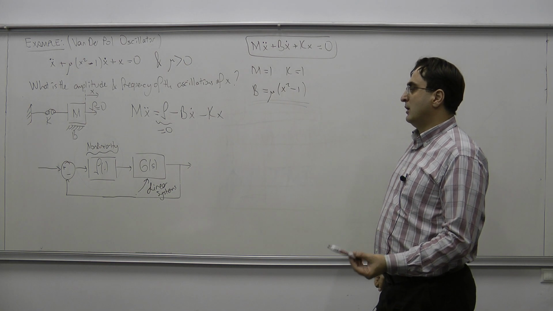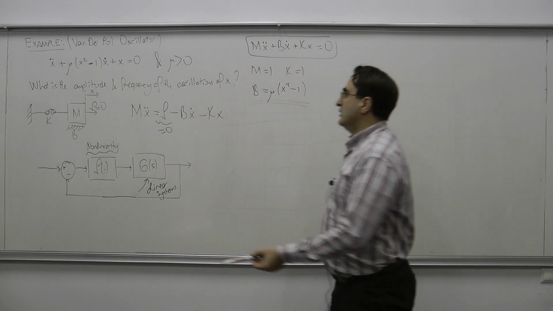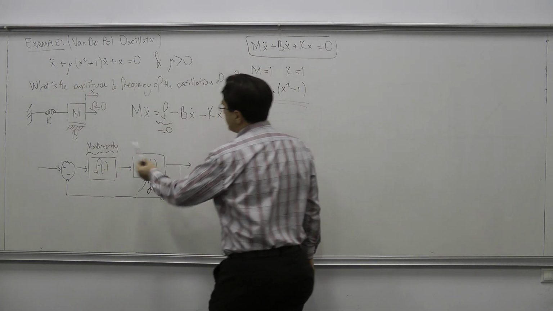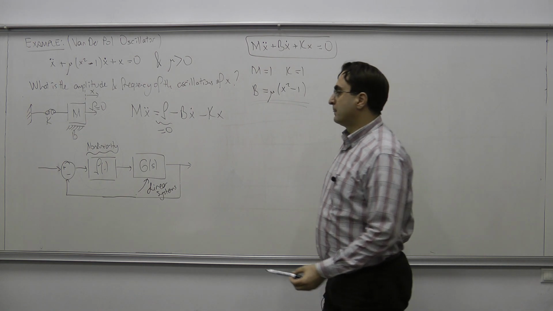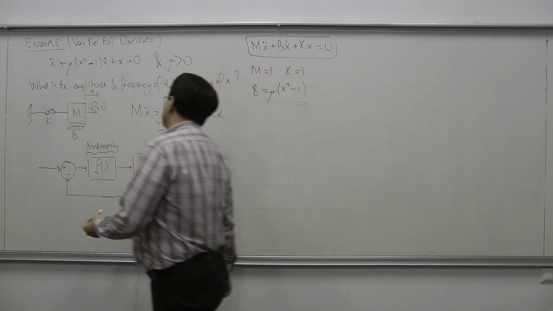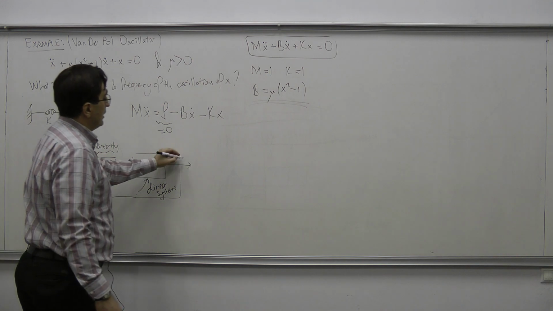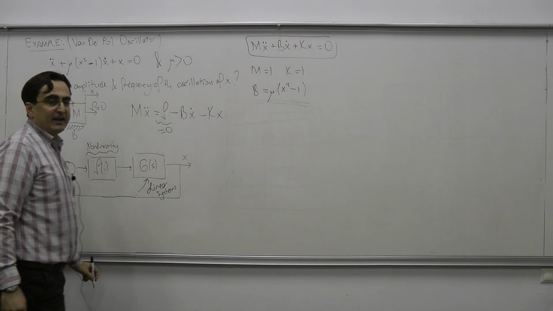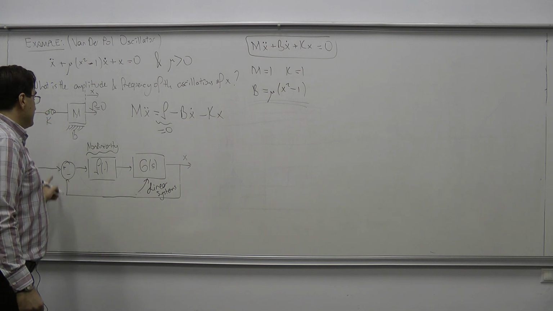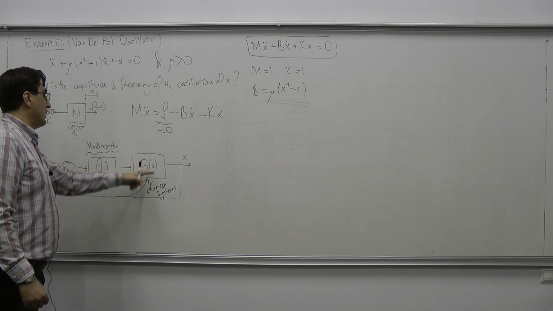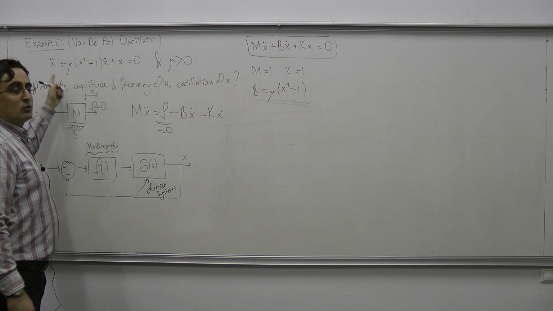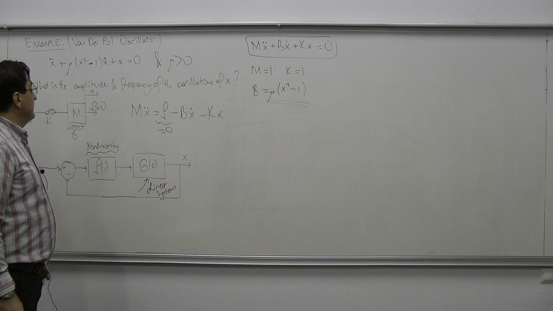So somehow, I need to find a way to convert this differential equation into this type of block diagram. So what I'm going to do here is try to make this output variable x, and then try to find this f and g of s for this equation to hold.